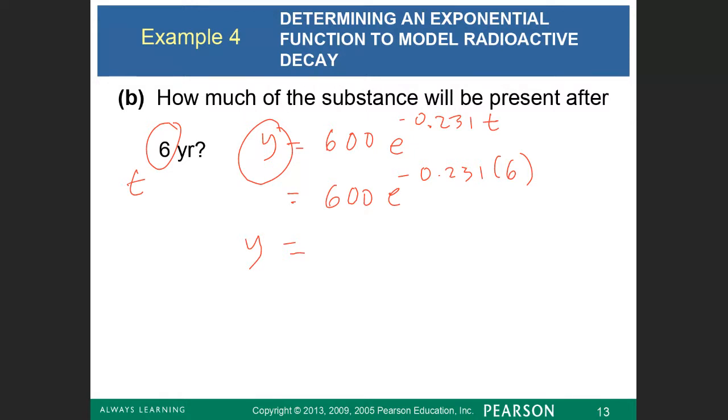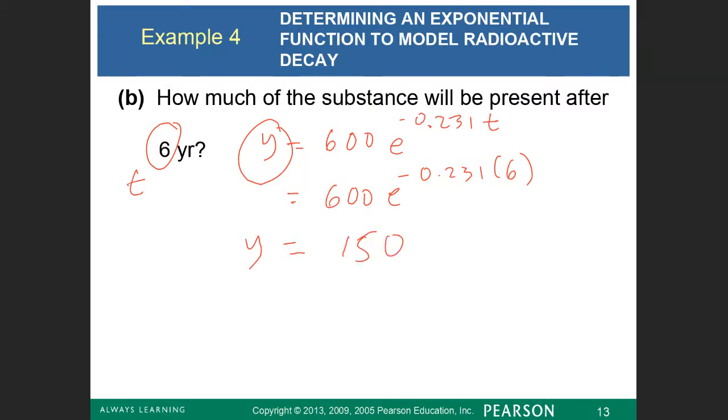Okay, so that would be 600 times your e, power of negative 0.231 times 6. Don't forget to put this in a grouping symbol, parentheses, because you have two terms in the exponent. Okay, and hit enter. Then our y value is 150.